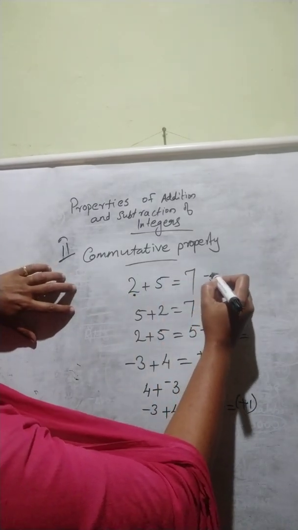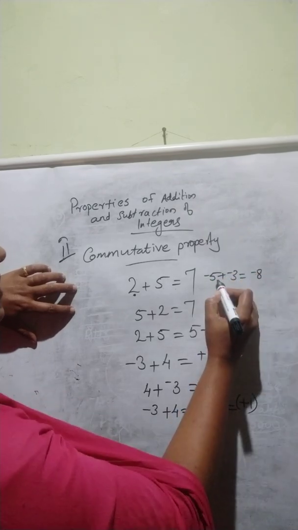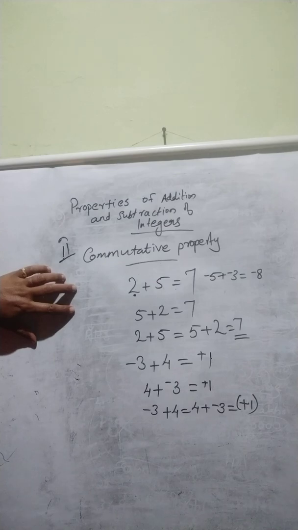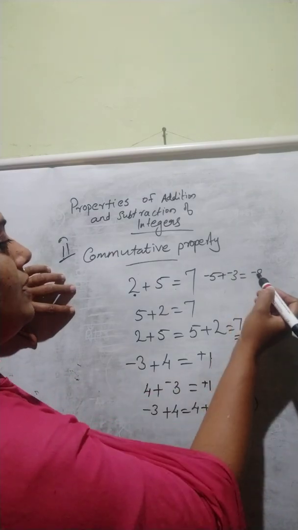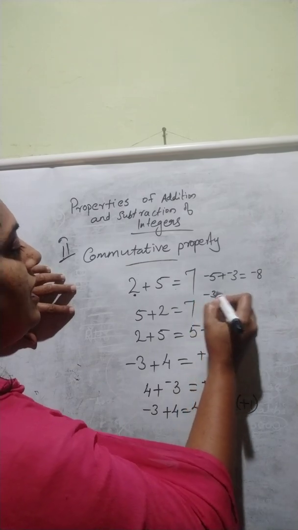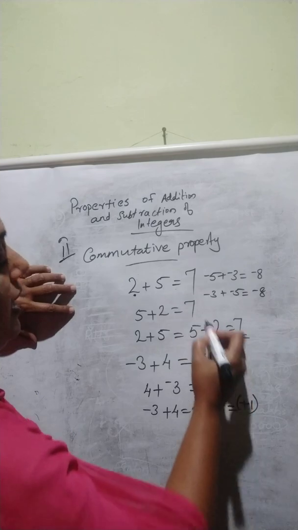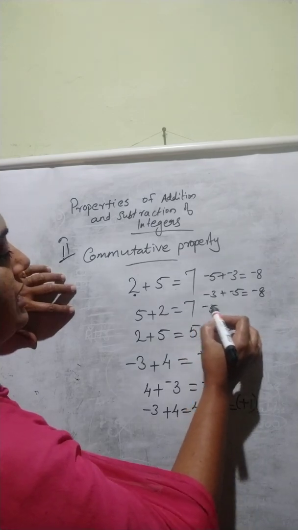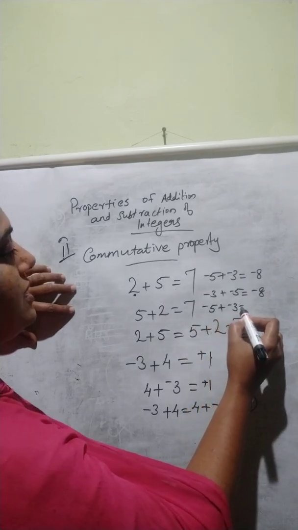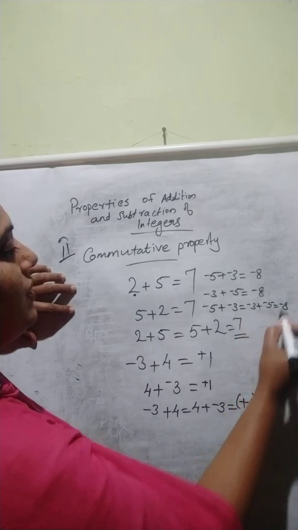Then negative 5 plus negative 3 is equal to negative 8. We have to add these two and keep negative before this 8. Next, negative 3 plus negative 5 is also equal to negative 8. That means negative 5 plus negative 3 is equal to negative 3 plus negative 5, which is equal to negative 8.